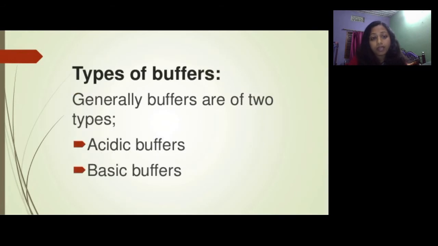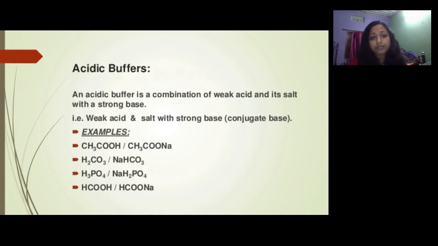Now, what are the types of buffer? Actually, buffers are of two types, acidic buffers and basic buffers. Now, acidic buffers. An acidic buffer is a combination of a weak acid and its salt with a strong base. For example, we can take acetic acid and its sodium salt.